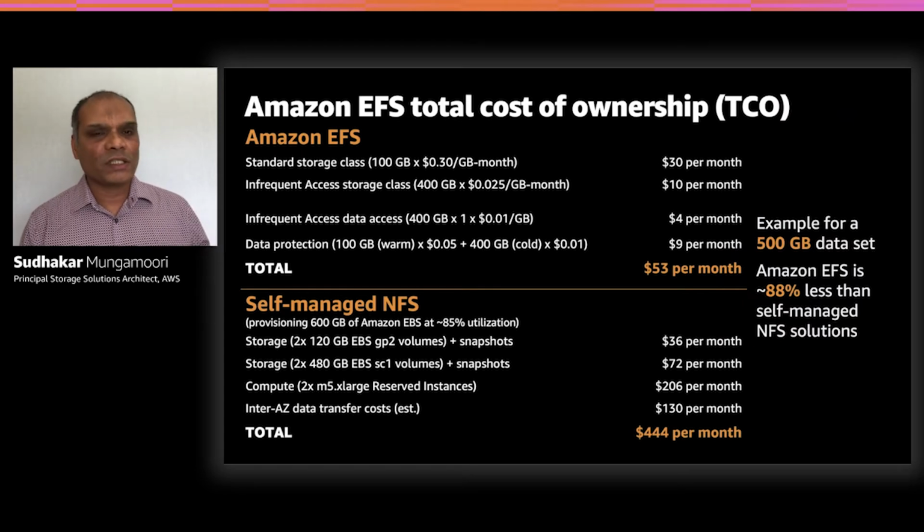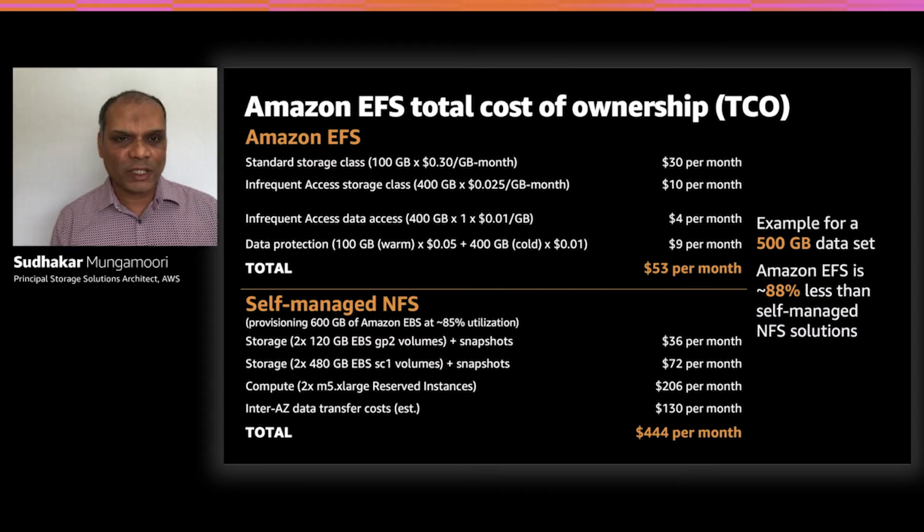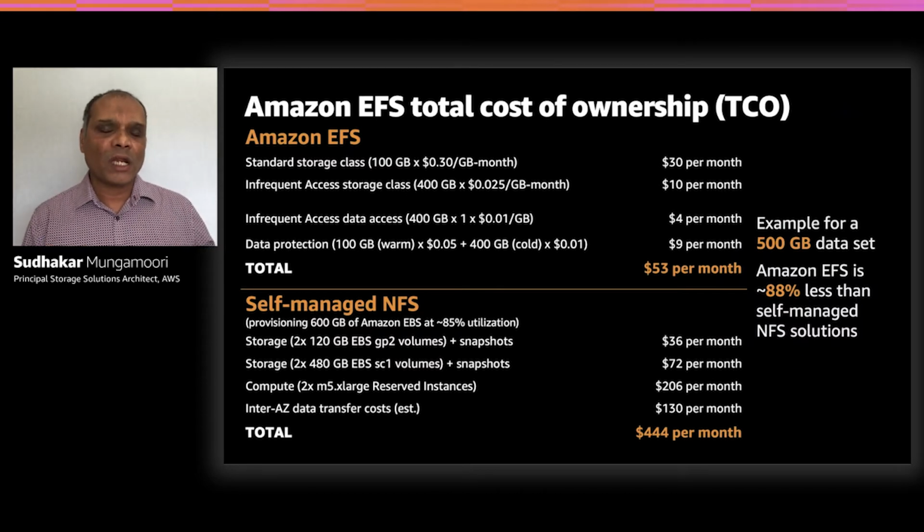Let's contrast with a self-managed NFS environment. I have helped lots of customers before as they required, for their business requirements, building out based on Amazon EBS volumes such that they can deploy software on top of that and run their network attached file storage.